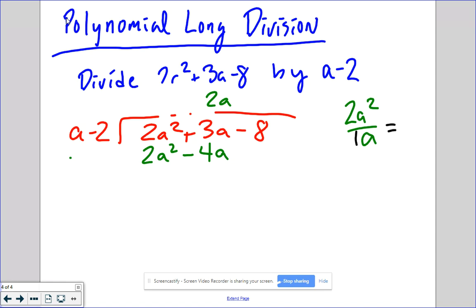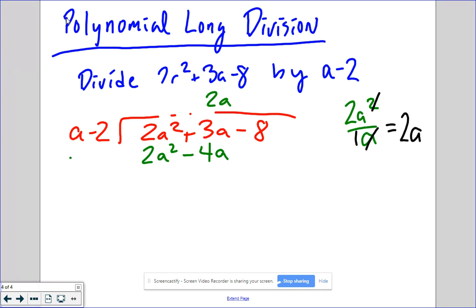Number divided by number. 2 divided by 1 is 2. And then I have a squared over a. So I have 2 a's on top, 1 a on the bottom. What can I do with this 1 a? It cancels 1 a on top. So what do I have left? Just 1 a. And that's where that 2a came from. Are you good with that?